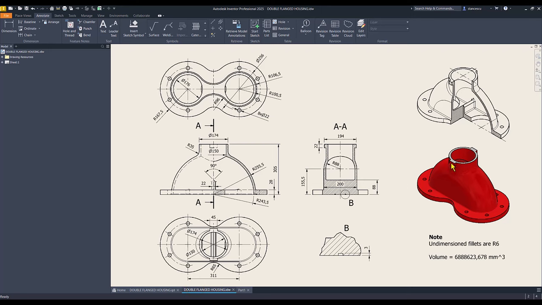Next, you see here some protrusions with the dimension of 194 on a thickness of 22 and a width of 45.